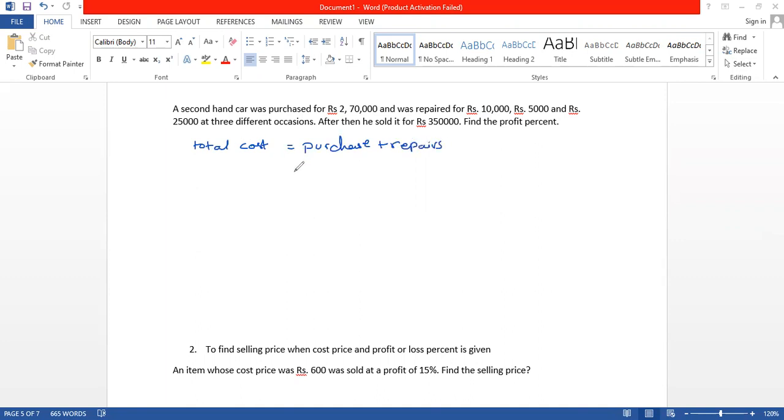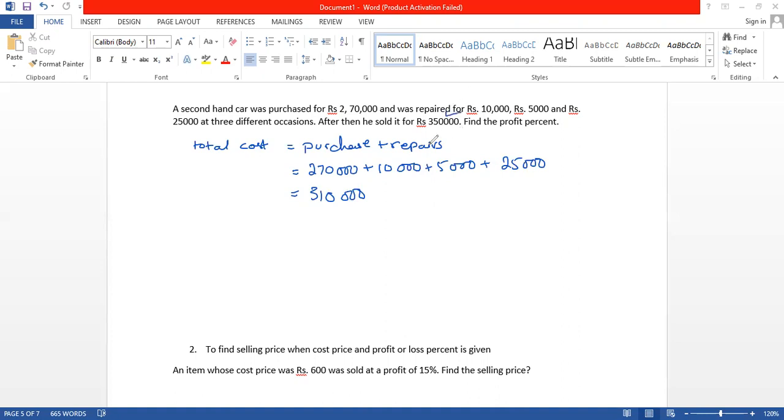That is also part of your cost. So you purchased it for 270,000 and then you did repairs of 10,000, 5,000 and 25,000. If we add all of this, you get 310,000. This is the total cost.